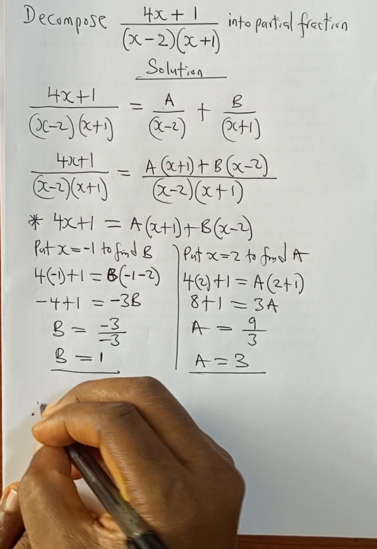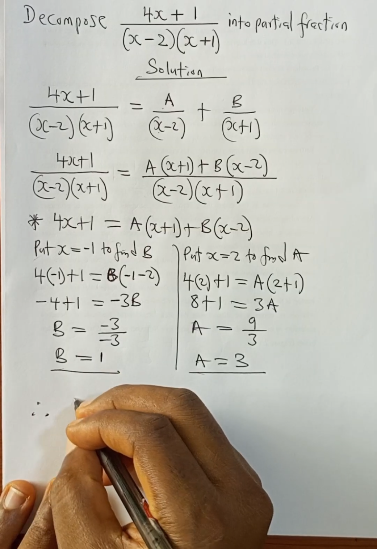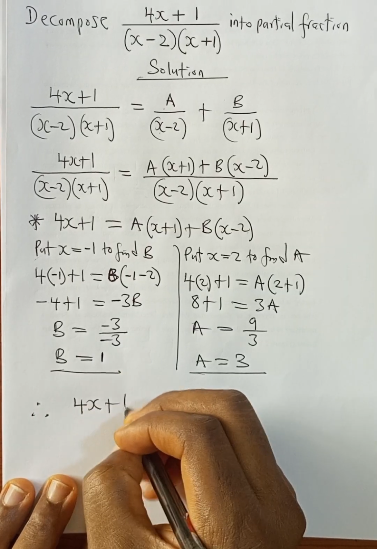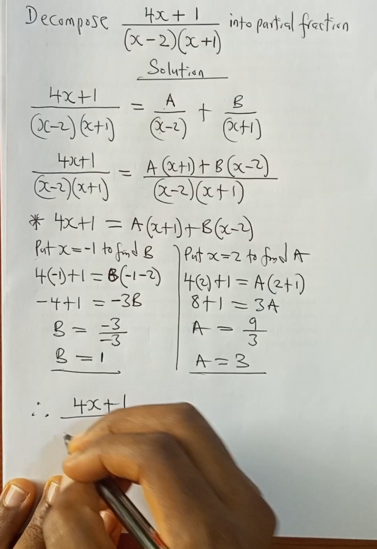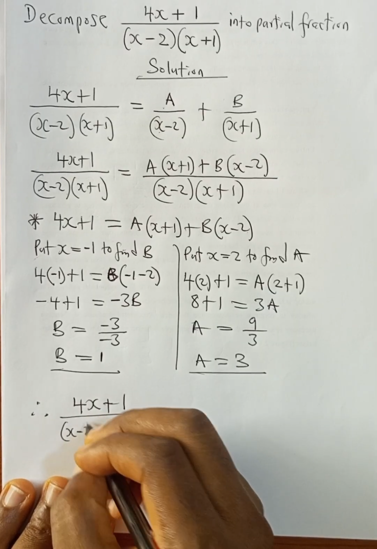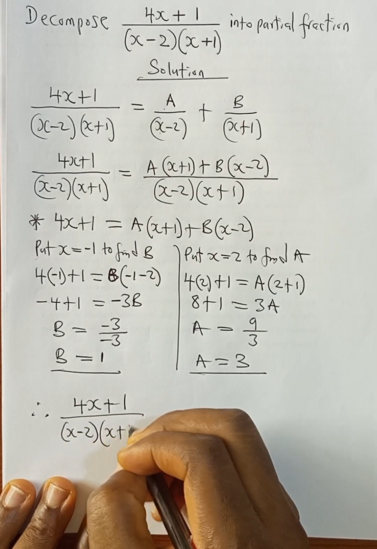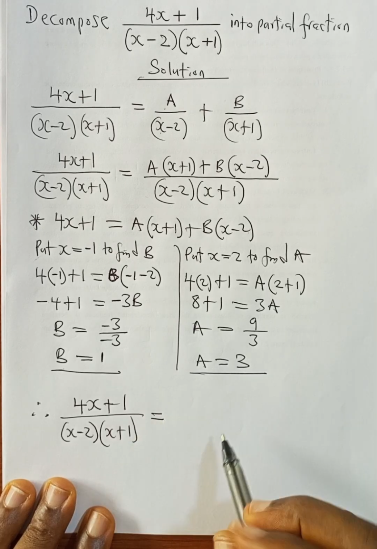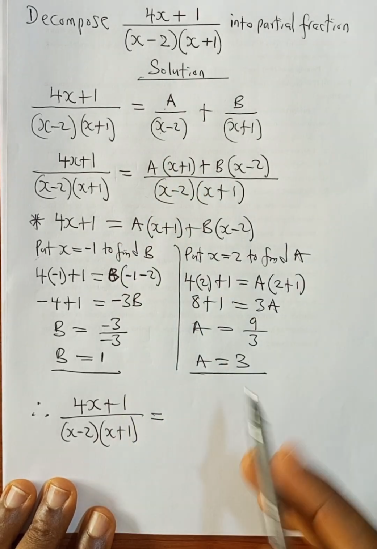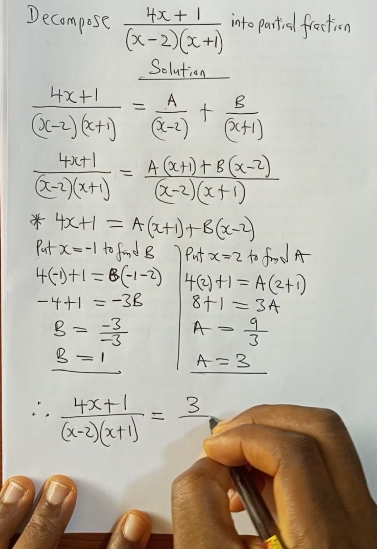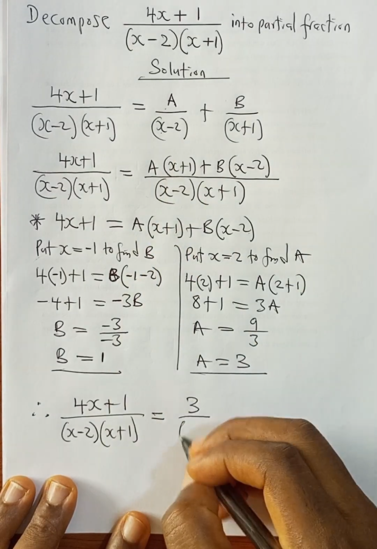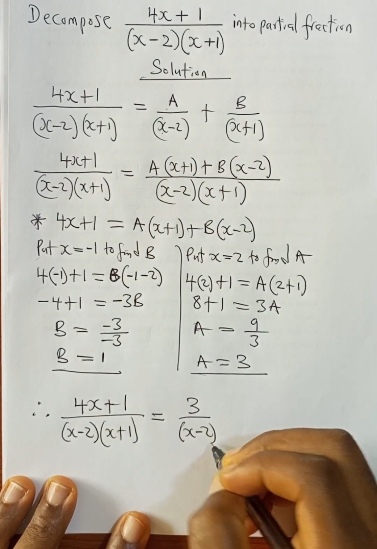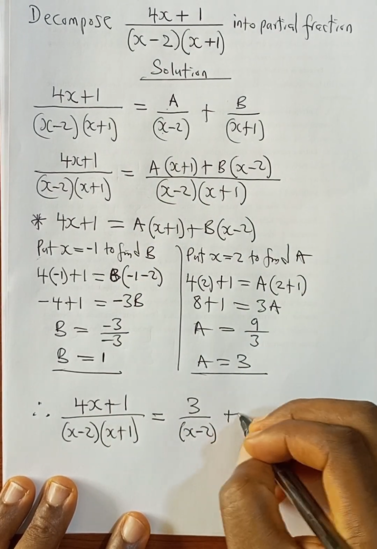Now that we know the values of A and B, we come here and say, therefore, what is the original equation? 4S plus 1 over S minus 2 times S plus 1 equals, what is A? A is 3. So I'll put 3 here on top, then under is S minus 2. Then what is B? B is 1.